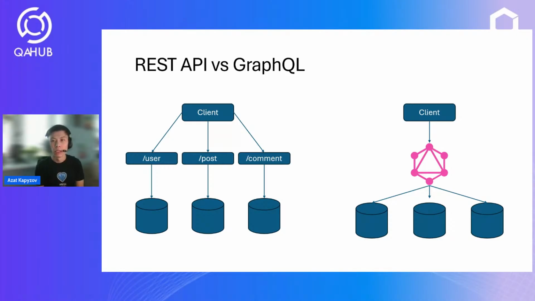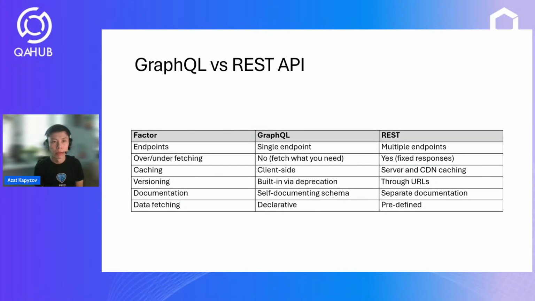So if we, again, compare GraphQL to REST API, for example, if we take endpoints, for GraphQL, we have only one, just a single endpoint, but for REST, we will have multiple endpoints. As for over or under fetching data, in GraphQL, there is no such problem. We fetch only that data that we need.